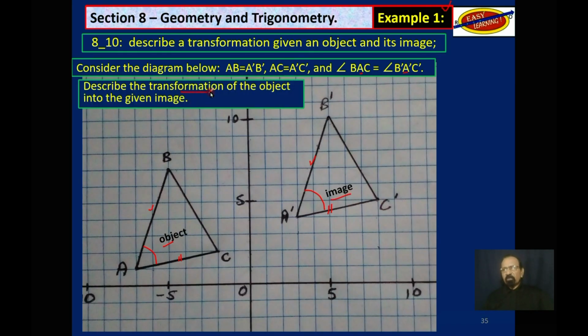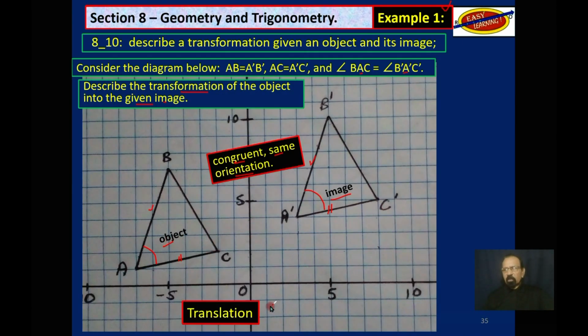So we have to describe the transformation of the object into the given image. So looking at this, you realize it's the same shape, the same orientation. So it's congruent and it's the same orientation. It's like you take this shape here and move it up across like that. So you can safely say it is translation, but you are not finished. You have to say what translation exactly is it. So let's consider a point here and its image over here.